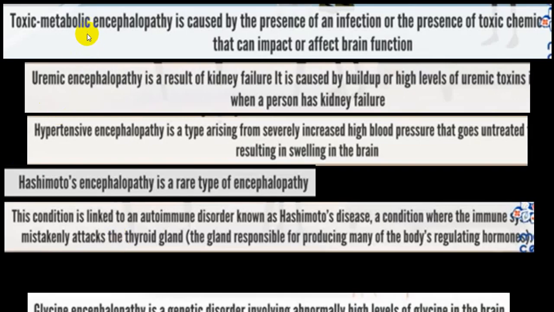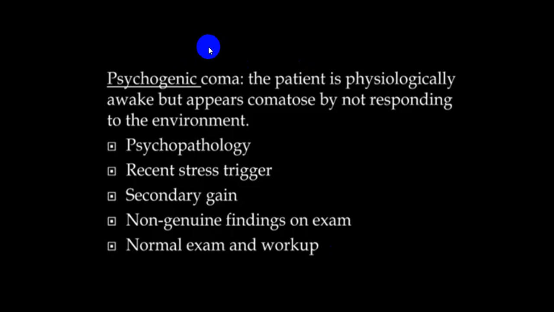There are all these conditions we have already mentioned: toxic metabolic encephalopathy, uremic, hypertensive, Hashimoto's, autoimmune disorders, particularly Hashimoto's encephalopathy, glycine encephalopathy, which is a genetic disorder because of excessive glycine collection in mitochondria, etc. We should not forget another very common one which you will come across in everyday practice, we call it psychogenic, where there is a recent stress trigger, the person wants a secondary gain, there are non-genuine findings on examination, and the complete neurological examination is absolutely normal, and a full workup regarding investigations, MRI, etc., is also absolutely normal.